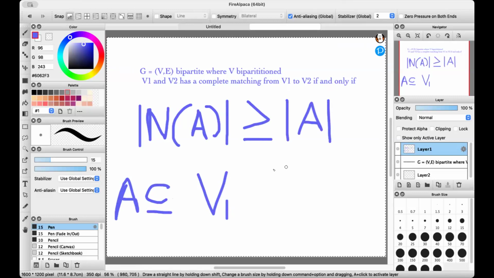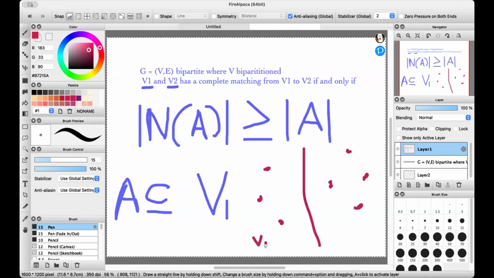So what this means is, so this graph has to be a complete matching. So that means every vertex from V1 has to be connected to every vertex in V2. So I will draw this out. Let this one be my V1.